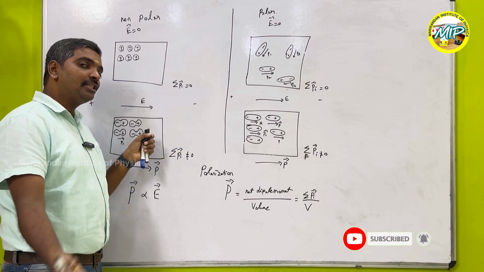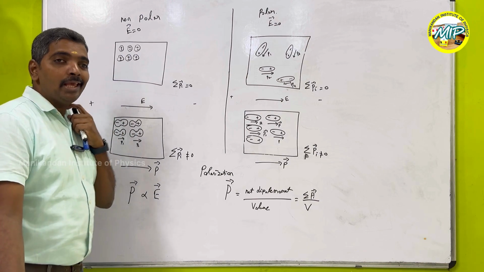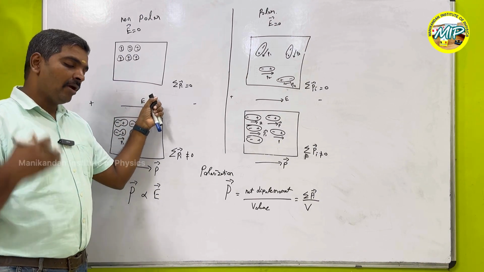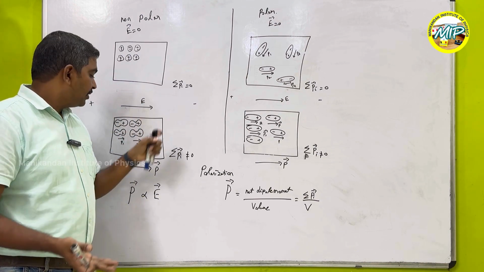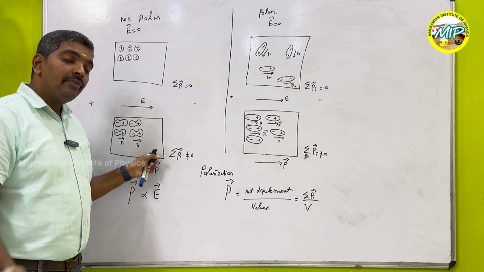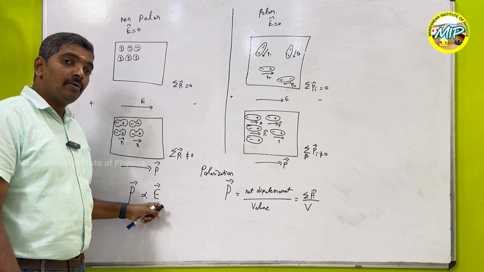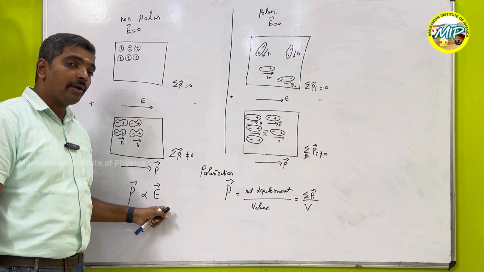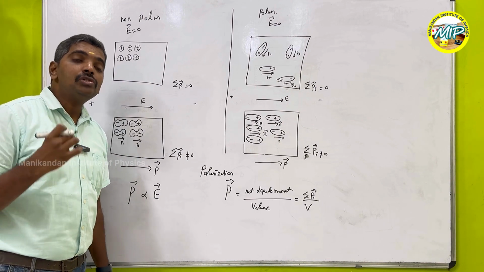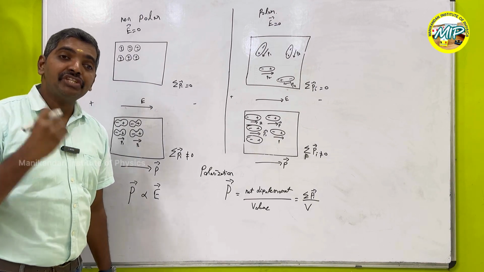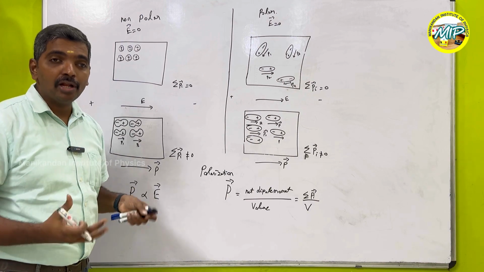If I choose the next material Y and apply the same electric field, the polarization is different. So my polarization is not only depending upon the external electric field, it's also depending upon the nature of the material.